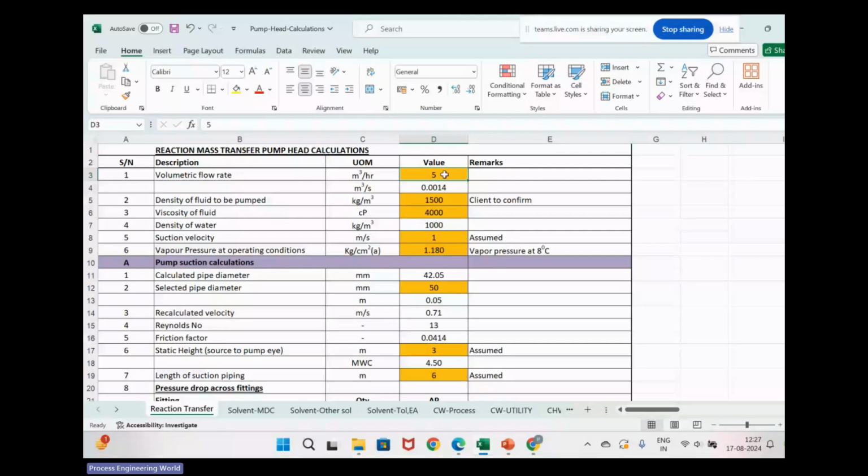Normal operating and maximum flows we have, and we define for maximum flow, because pumps are generally designed for the maximum flow, so that at least that flow should be achieved.